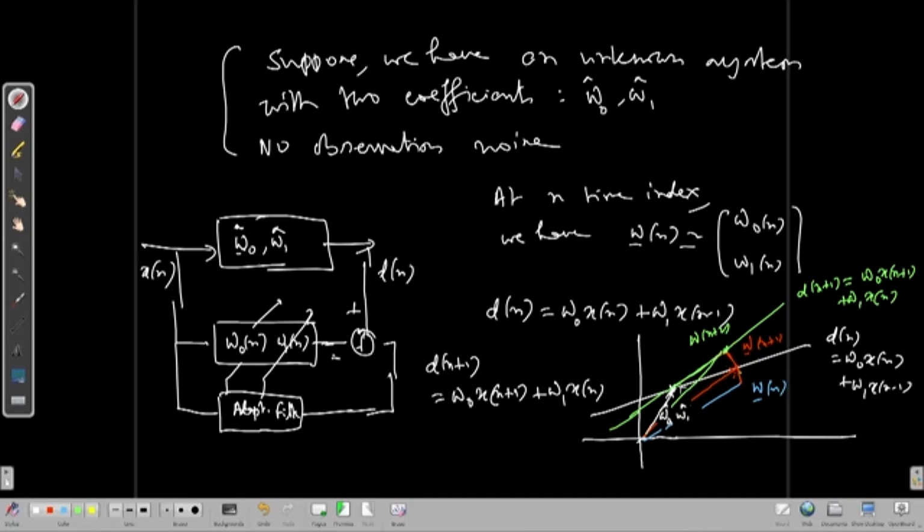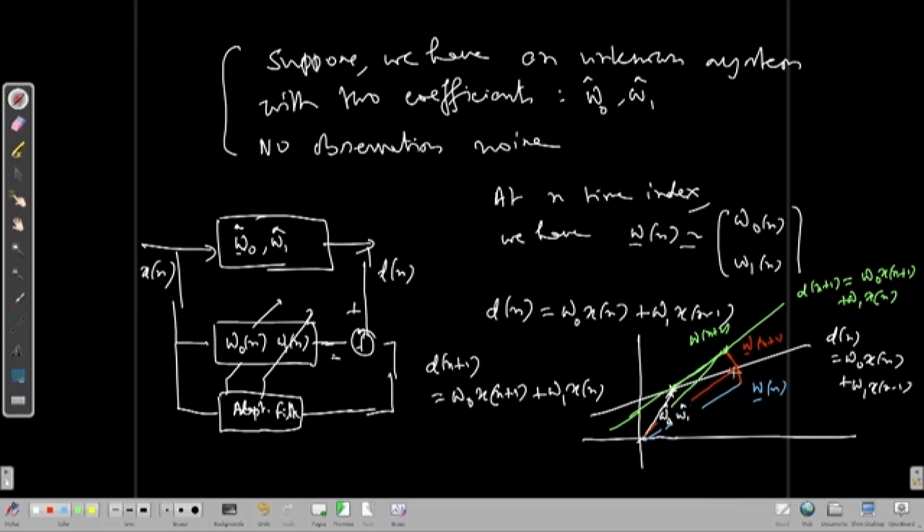As a result, this side, which is a hypotenuse, is longer than this. But what is this? This is the difference between Wn and the optimal vector. And what is this? This is again the difference between Wn plus 1 and the optimal vector.